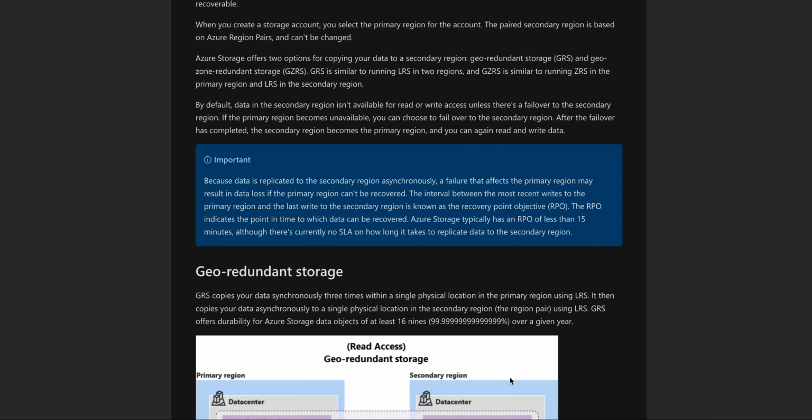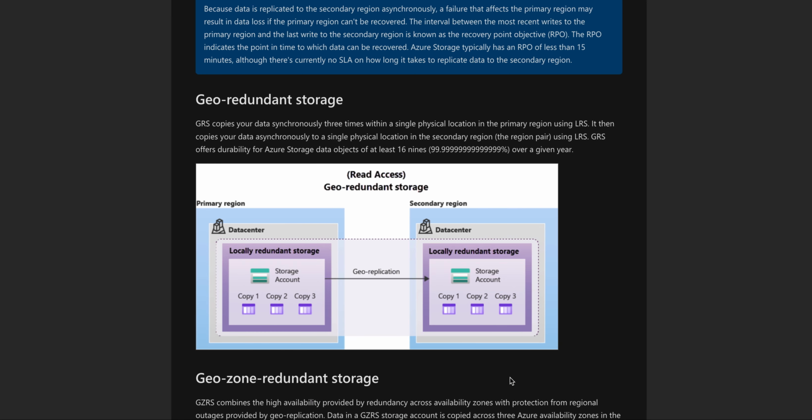With that said, let's see what is geo redundant storage. Geo redundant storage, also known as GRS, copies the data synchronously 3 times within a single location. This is important, single location. So it means that it is one data center, right?